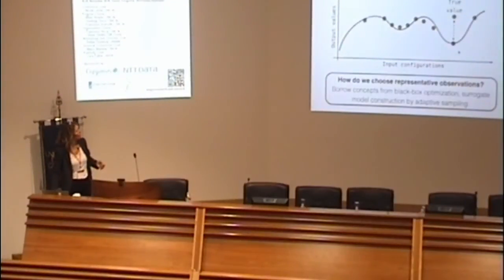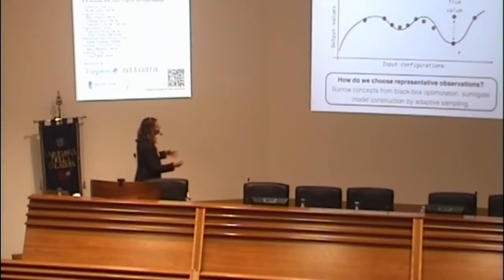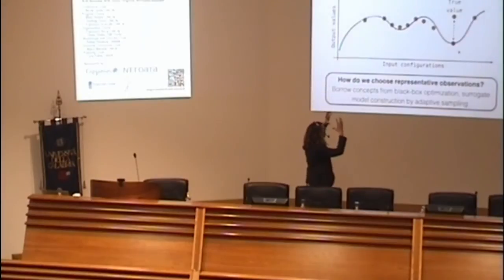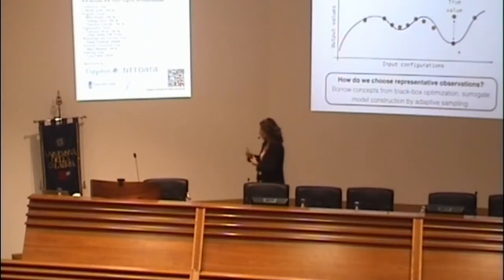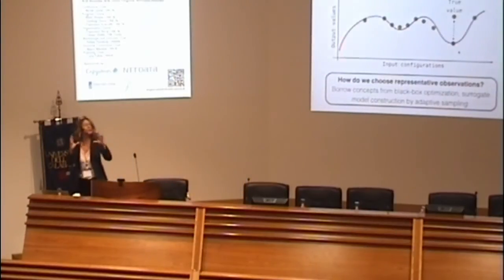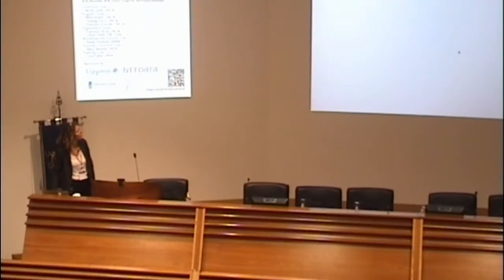We can, of course, borrow concepts from black box optimization and surrogate model construction, but basically we have to try to sample more deeply, more effectively and more frequently the part of the space that is interesting for our objective function. And we can also be less accurate on the other parts of the search space. So this is something that should be taken into account.